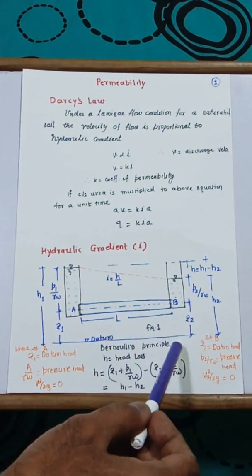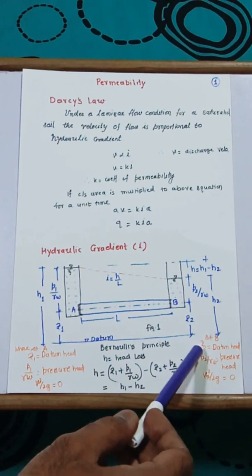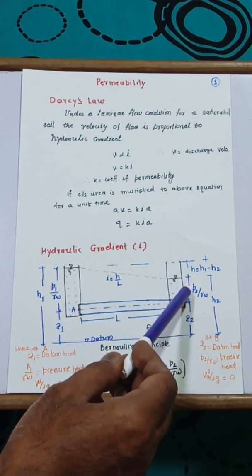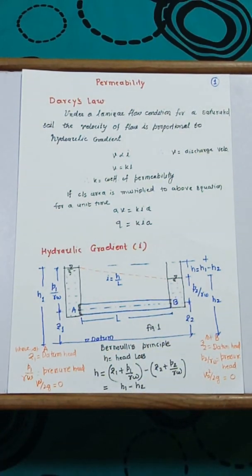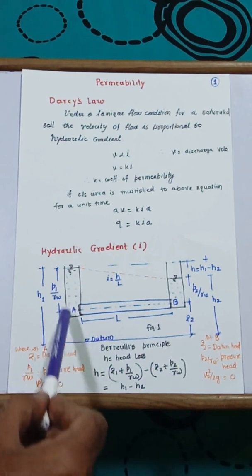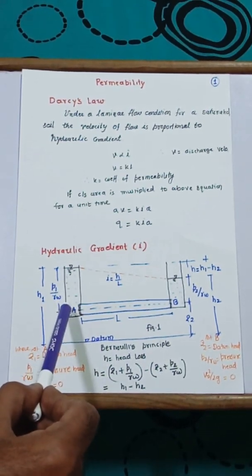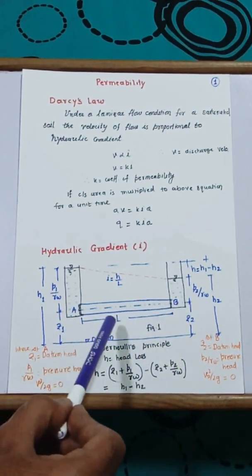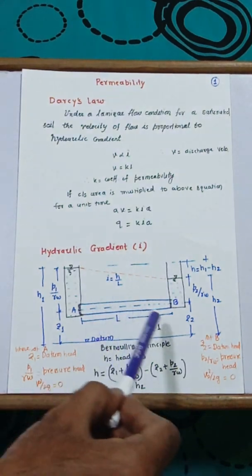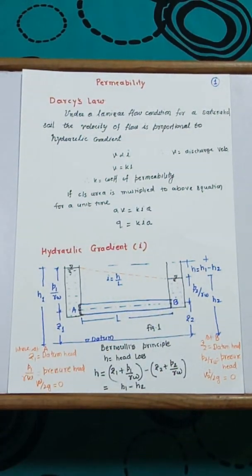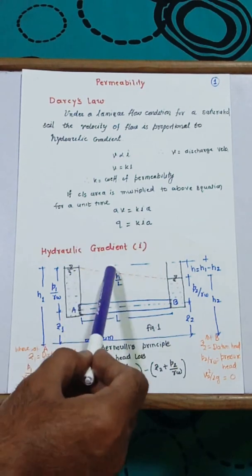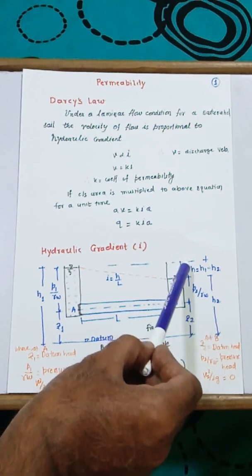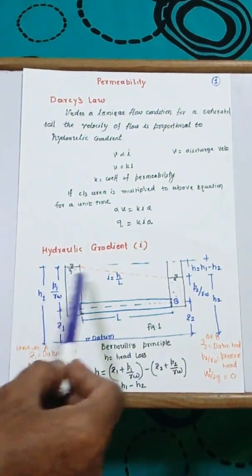Similarly at the other end, the total head is taken as datum head Z2, pressure head, and velocity head 0. This total head is required to flow through the soil from point A to B to overcome friction, then only it is received at point B, and during that there is a head loss. So you can see between the total H1 and H2 there is a head loss, which is the difference.